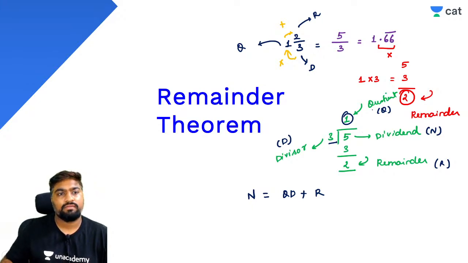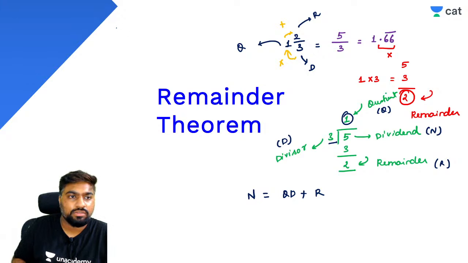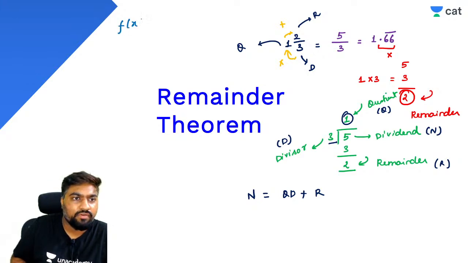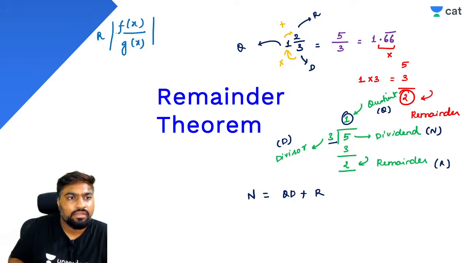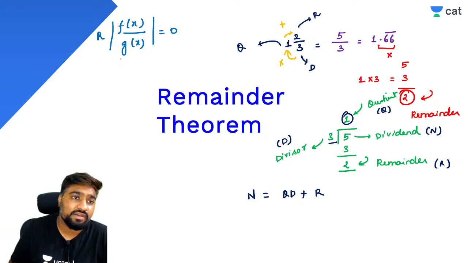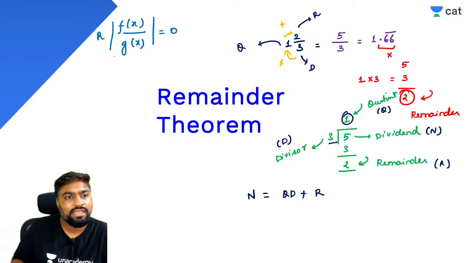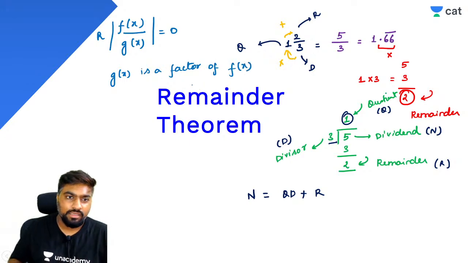When you have a function f of x and you have to divide this f of x with, let's say, g of x, another function, if the remainder becomes equal to 0, that means f of x is perfectly divisible by g of x, then you say g of x is a factor of f of x, correct? Yes or no?